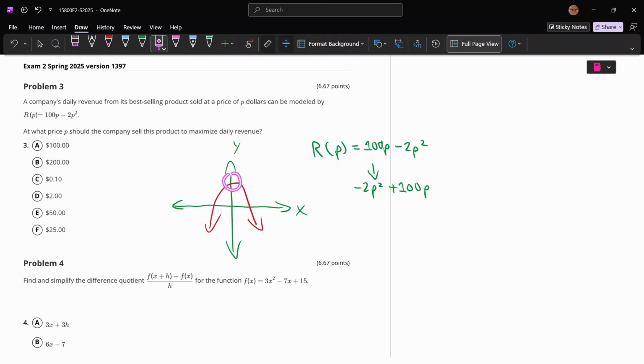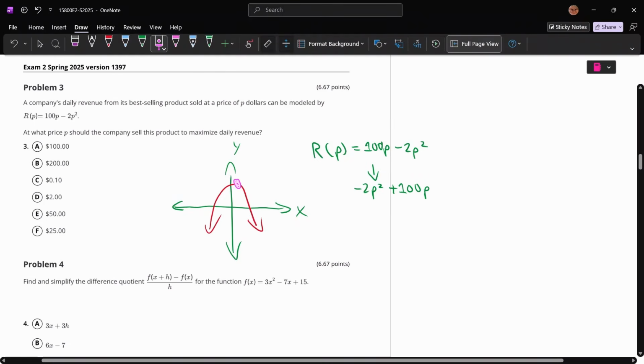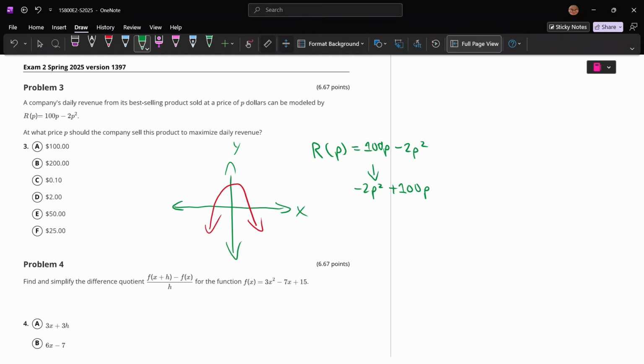This is going to be where revenue is maximized because that's the highest point of the function. So we need to figure out, assuming that this wasn't a revenue function and this is just an xy function, which value of x would give the highest y value. That's going to give us our answer. And so there's a couple ways to do that.